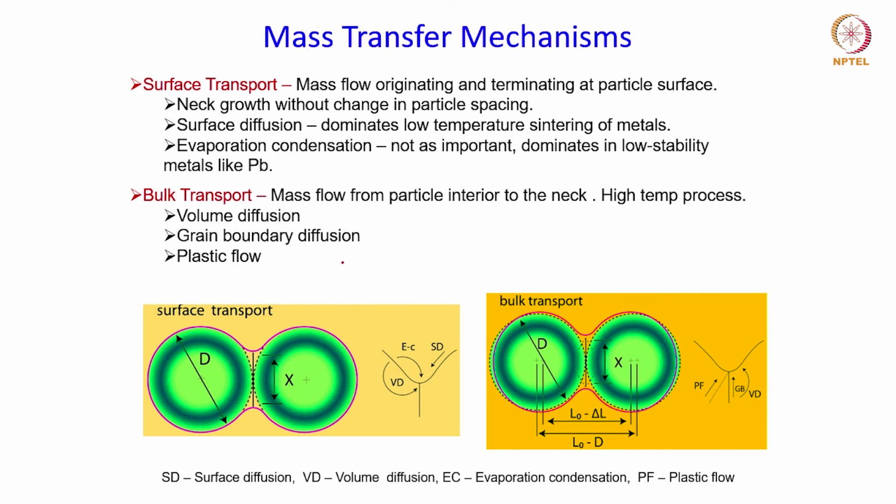So these are basically categorized into two different categories. One is the surface transport and the other is the bulk transport. And this mass transport through all these different paths ultimately leads to the densification which takes place during the sintering process.